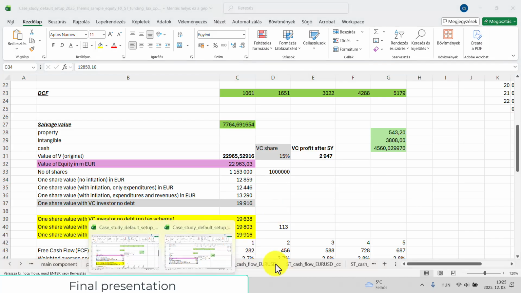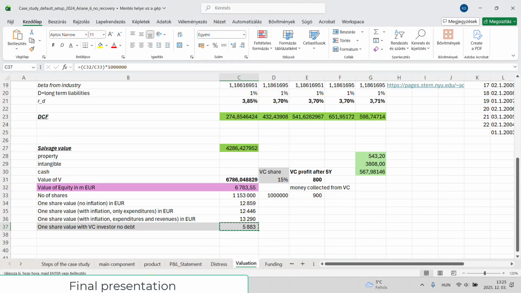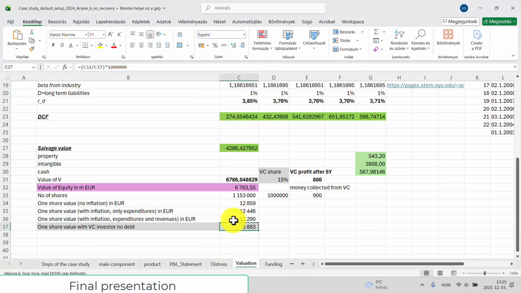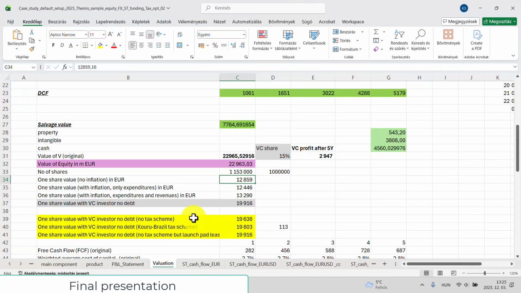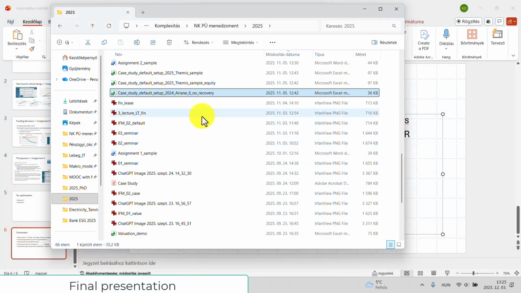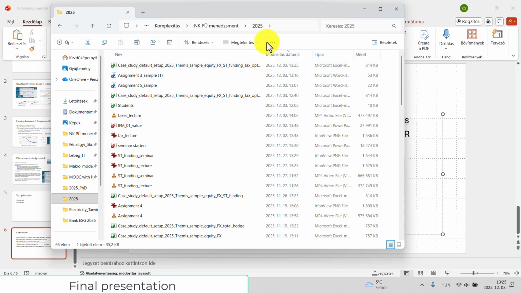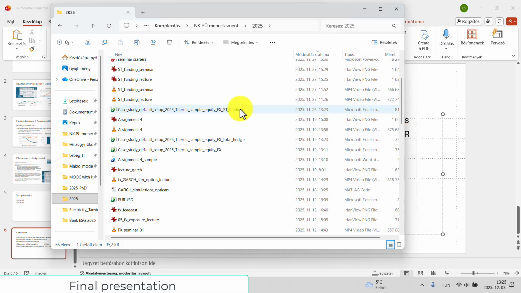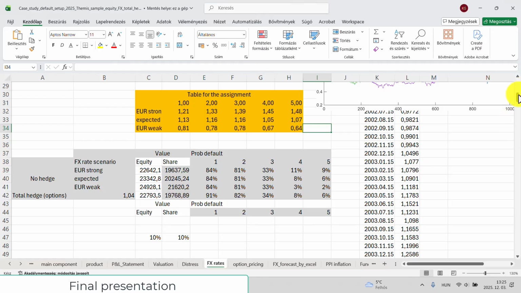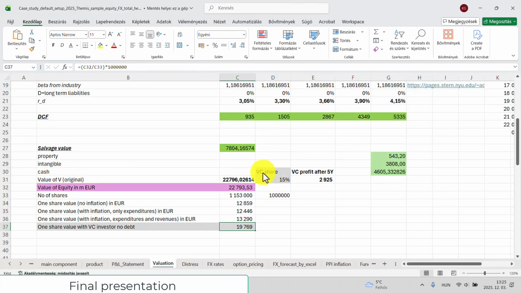And let's type it manually. Okay, for me, the final value without the schemes. So let's save it, and not reopen it. Also, this is with short-term funding. I don't care about short-term funding, so you should have it open, because this was the last valuation without me mingling with it.